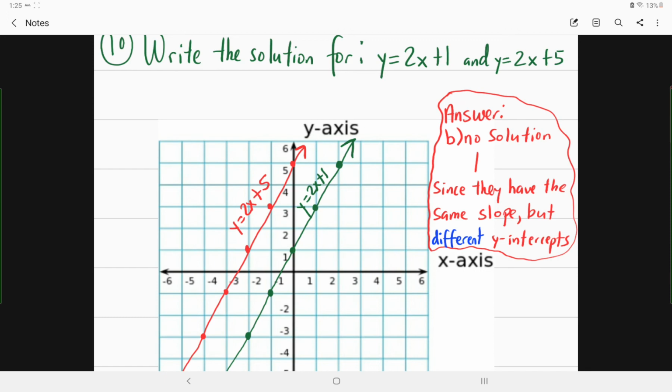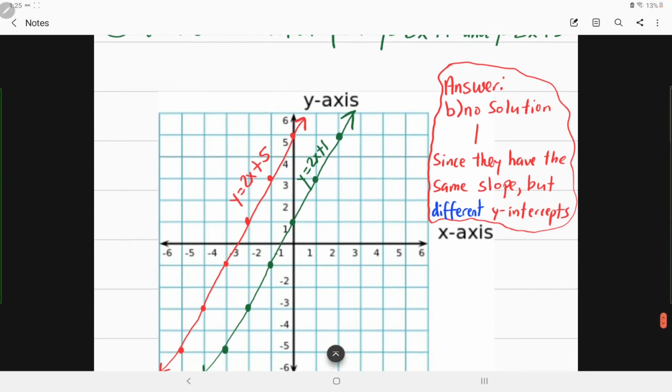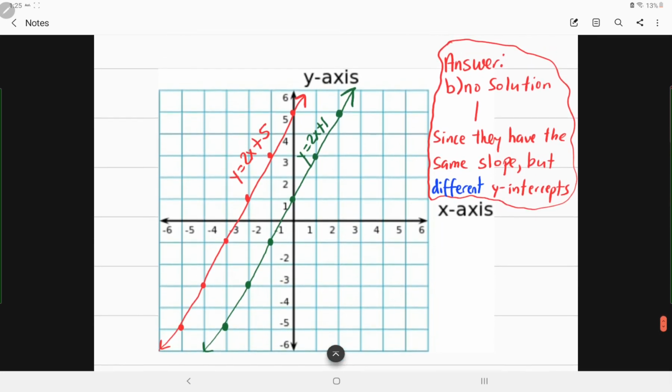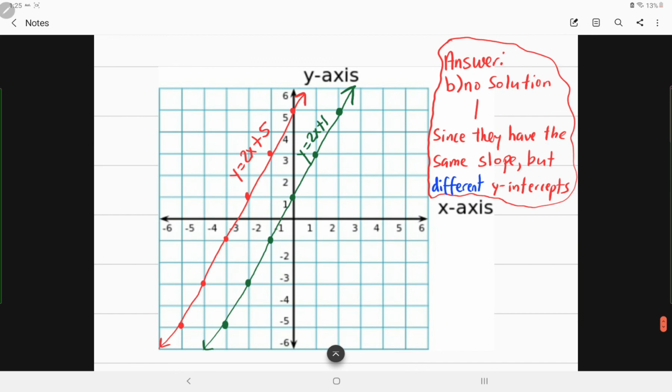So remember, if two equations have the same slope, but different y-intercepts, different starting points, that's going to be no solution. As you see here on the graph, that's the case. And it has to be no solution because they have the same pattern or slope, 2/1, but they're starting at different places. So they're not going to intersect.